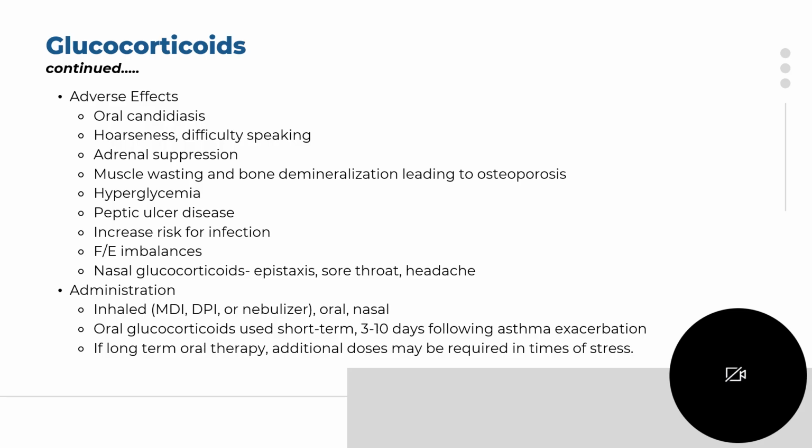You don't want people to be on these long term unless they absolutely have to because they can't breathe, right? We would like to avoid this because of the severe complications that can occur. If they're on this long term, then their body has suppressed that function. So same thing, if they're under stress, they might need increased doses, even though maybe that's not exactly why it's given.